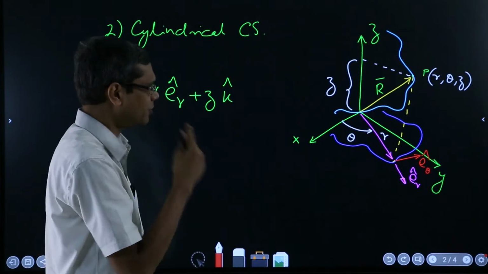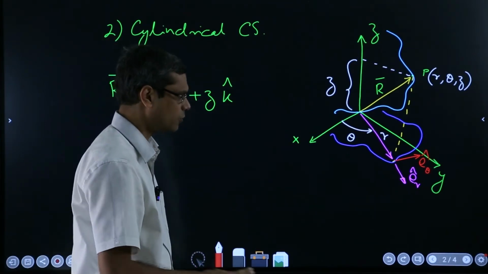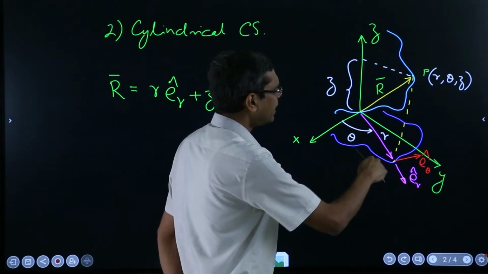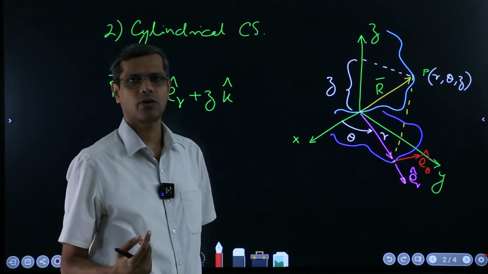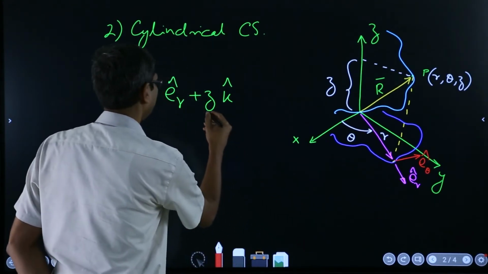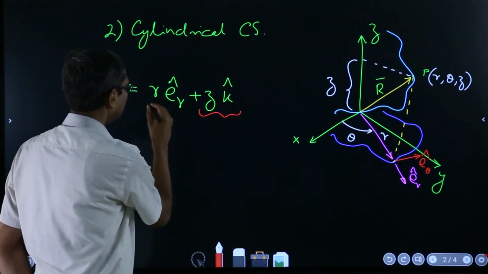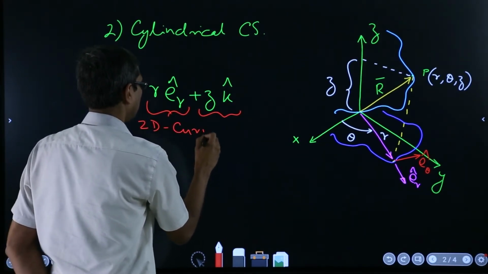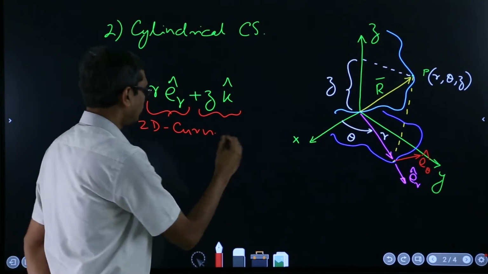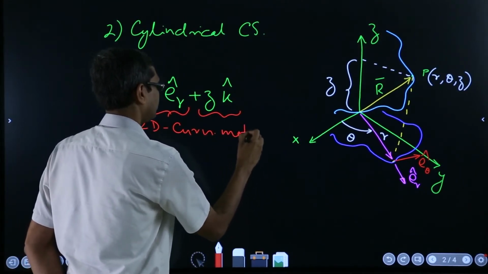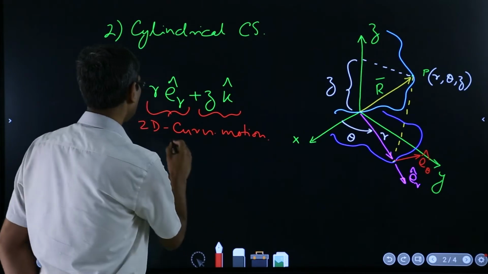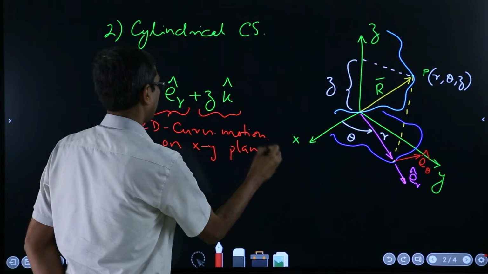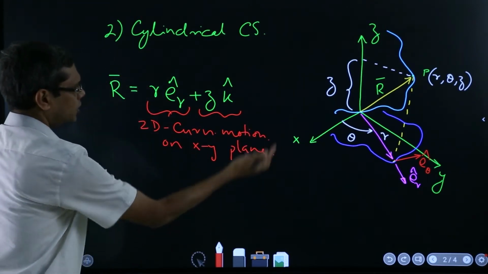Exactly the same thing which we did for curvilinear motion in 2D will be done for this projected curve on the xy plane, and the extra information, which is the z coordinate, is just being added here. So this is the 2D curvilinear motion on the xy plane, and that is what you are just adding up.